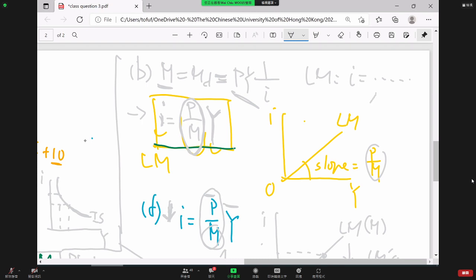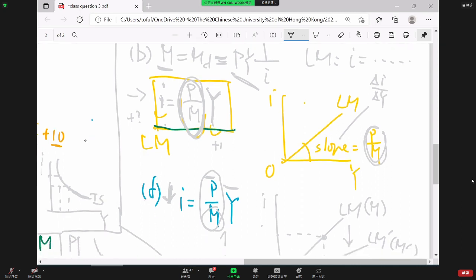The slope of the LM curve is delta i over delta y. So if the equation is this, you think of what is delta i over delta y. If y changes a little bit, how much will i change? The answer is exactly this part, so this is the slope.